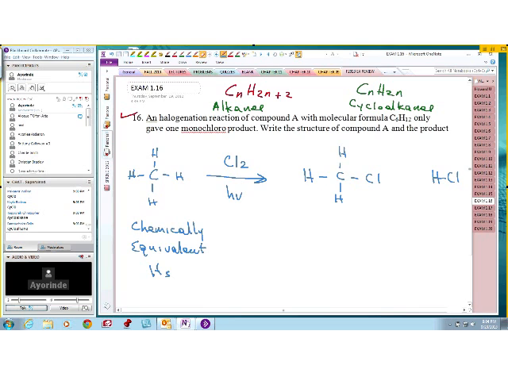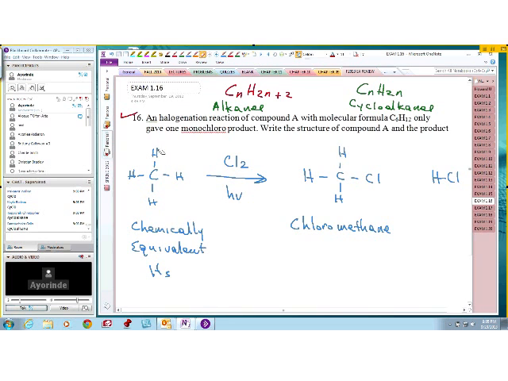In other words, if I replace any one of these with chlorine, I get the same product. This will be chloromethane. If I replace only one hydrogen with chlorine, I get one product. It doesn't matter which one of them I replace, because all of these are chemically equivalent hydrogens.